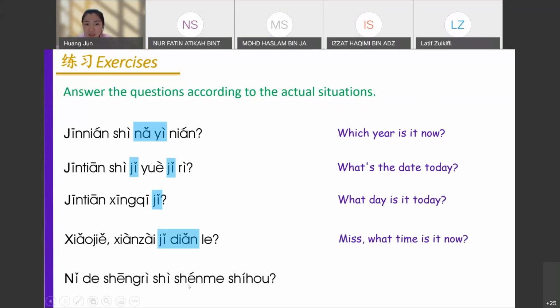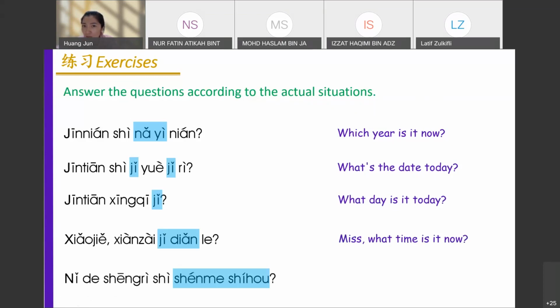Then continue with the next one. 你的生日是什么时候? Which one is the question word? Can you tell me? Very good. 什么时候, right? 什么时候 is the question word.